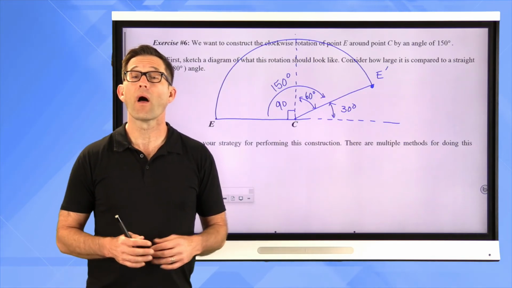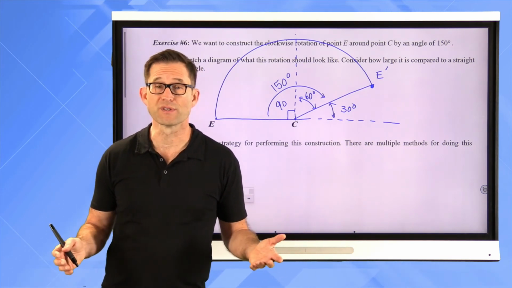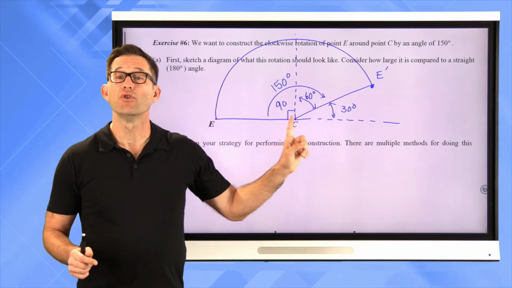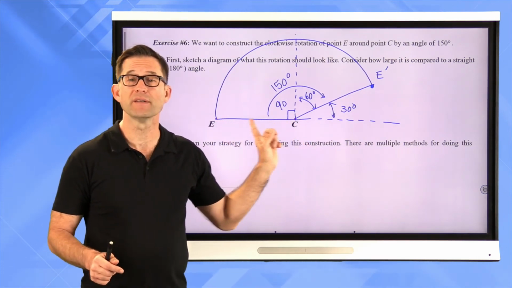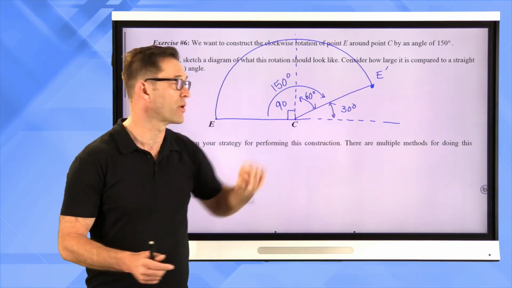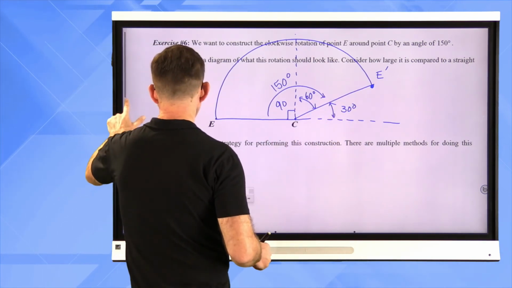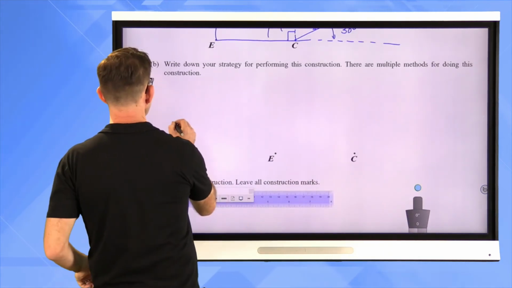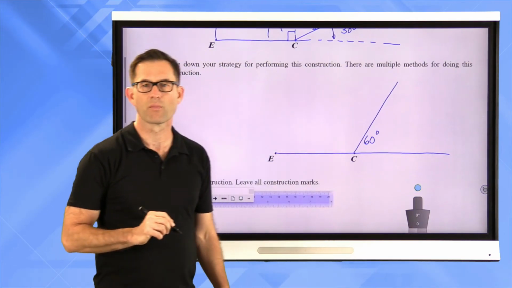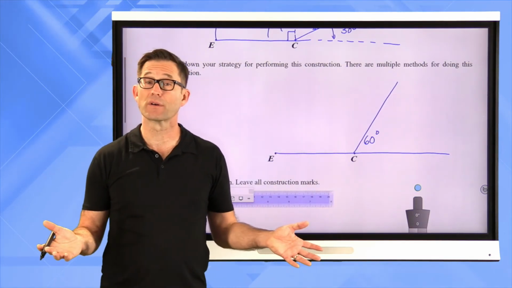Well, I can think of two different methods personally. One method is basically to draw this line in, and construct a 60-degree angle like this. So we take E and C, construct a 60-degree angle like this, because we know how to construct a 60-degree angle.